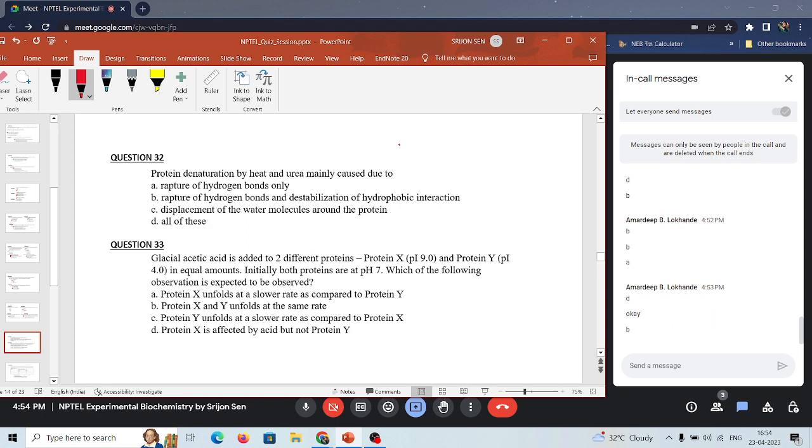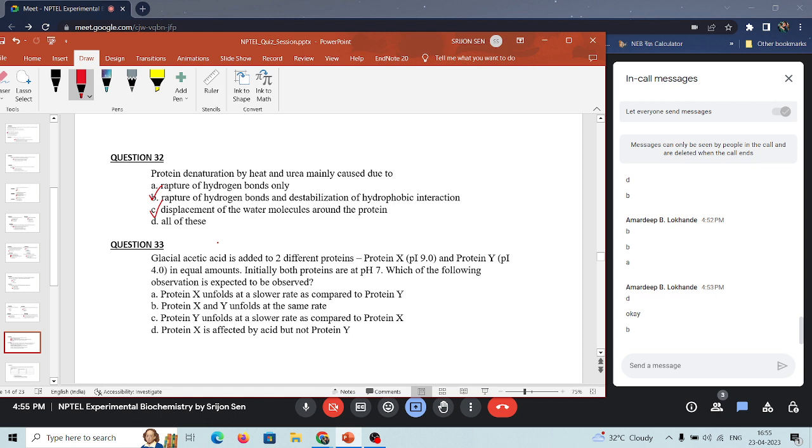Any other thing? What is heat going to do? It is also going to displace the water molecules, the surrounding water molecules. It will actually increase the entropy of the water molecules and the displacement of the water molecules will occur. So both B and C are correct because you are providing heat. Urea is going to rupture the hydrogen bonds and destabilize their hydrophobic interactions. Correct.